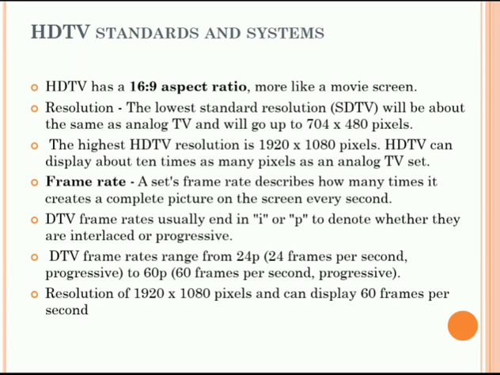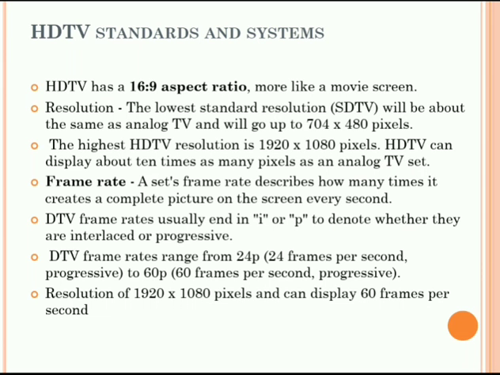The DTV frame rate ranges from 24 frames per second progressive to 60 frames per second progressive. The 1920 by 1080 pixel resolution can display 60 frames per second, meaning DTV provides 24 to 60 frames per second, and HDTV can provide 60 frames per second.